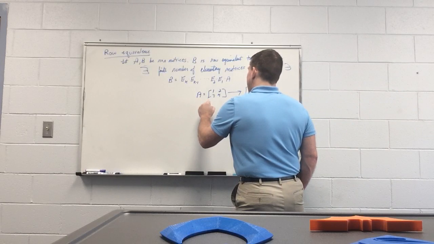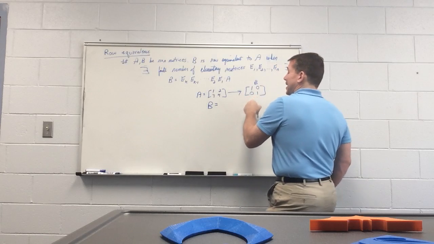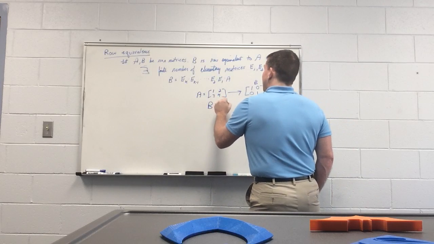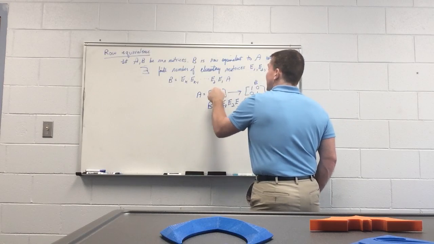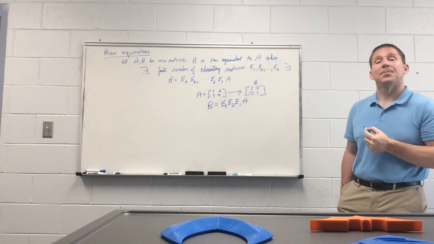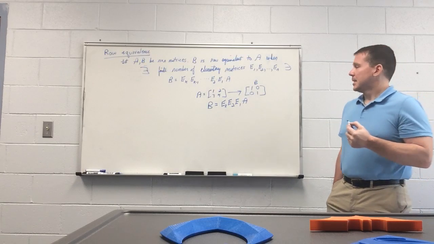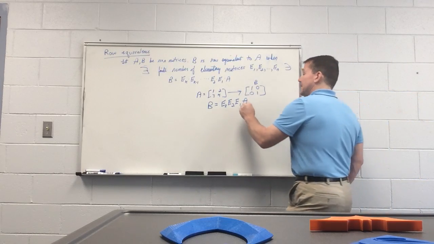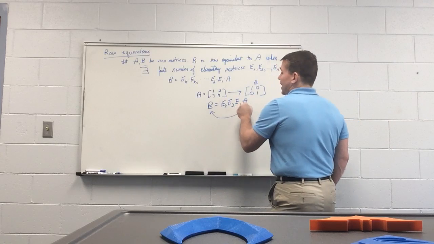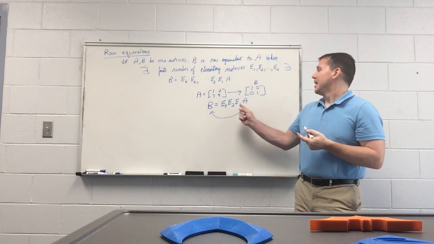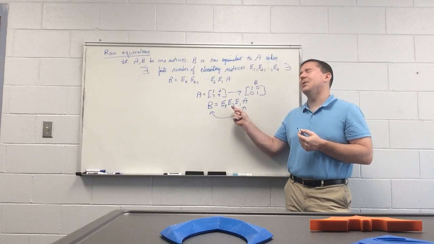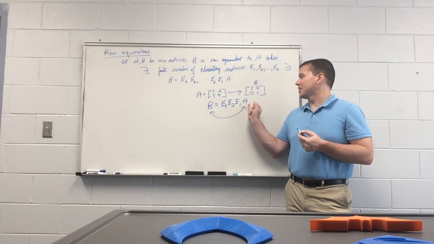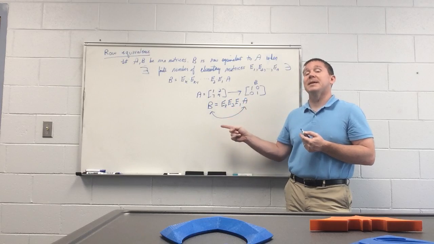And we said that we could get B by multiplying the elementary matrices on the left times my original A. This means that A and B are row equivalent because there's a finite number of elementary matrices, E1, E2, and E3, that I can multiply by A to end up with B.